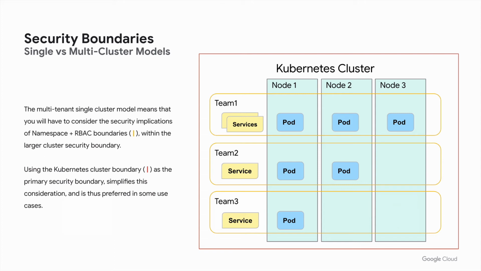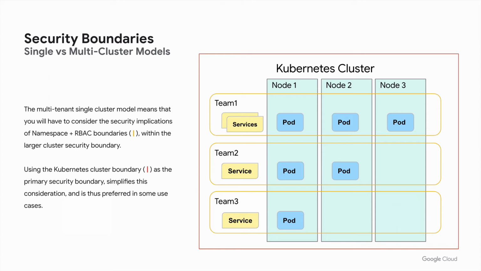And so for some use cases where you want to have a really clear boundary with this is my security boundary for these workloads, sometimes it's preferable to use a single Kubernetes cluster instead of using the namespaces, where you have to think a little bit more about how namespaces and role-based access control work together within your Kubernetes cluster to create that security boundary.